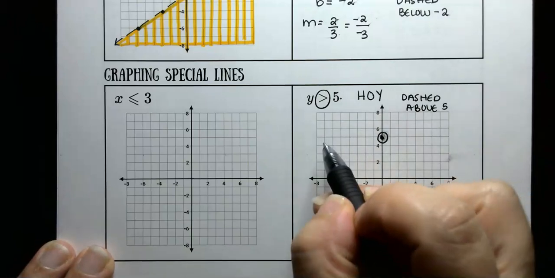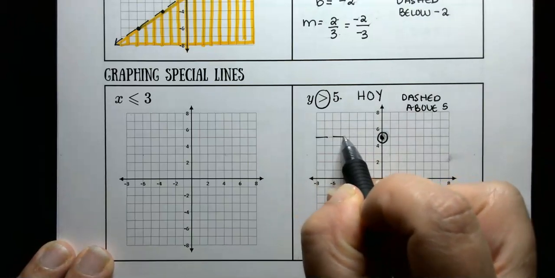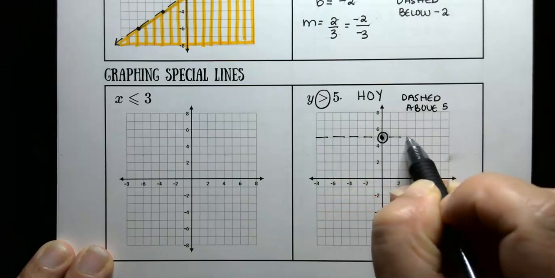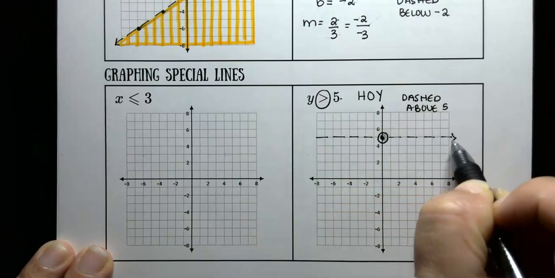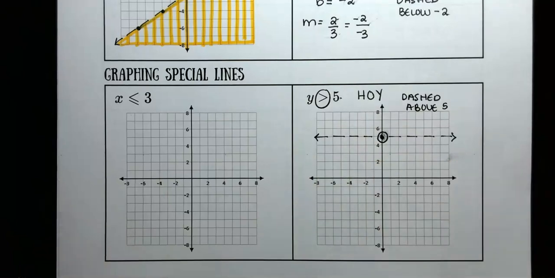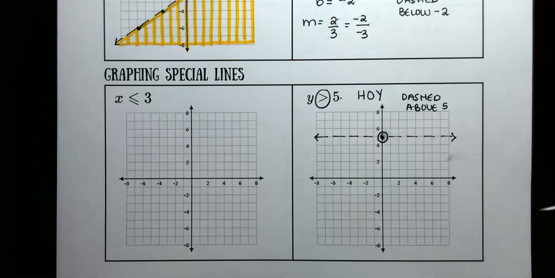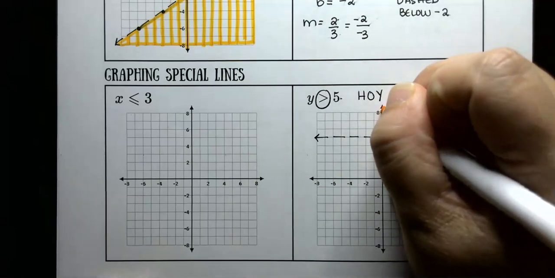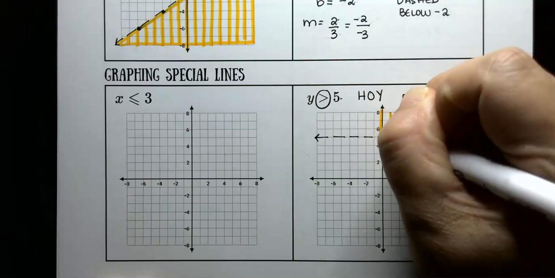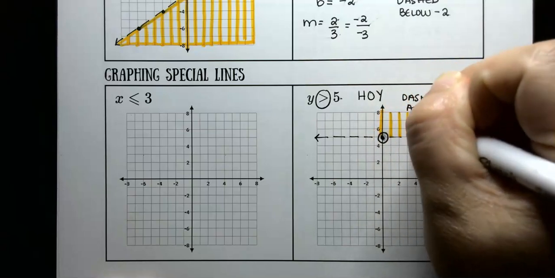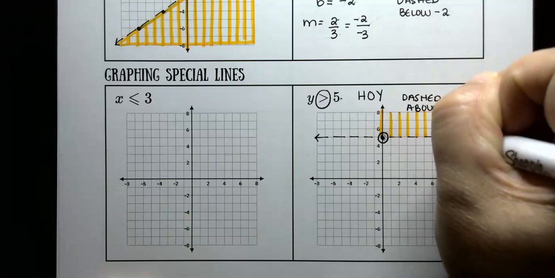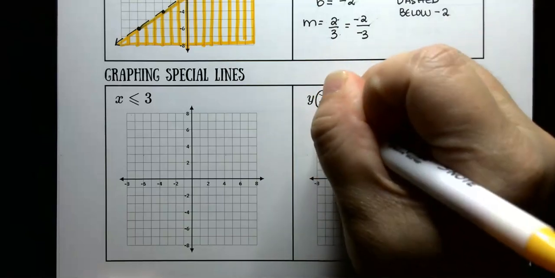So I'm going to create my dashed horizontal line. Now notice that as I'm drawing this horizontal line, I have an above and a below. So that fits the same language that we have been using. So we are going to shade above the 5. So everything on the y-axis above the 5 would be up here. So this is my solution set.